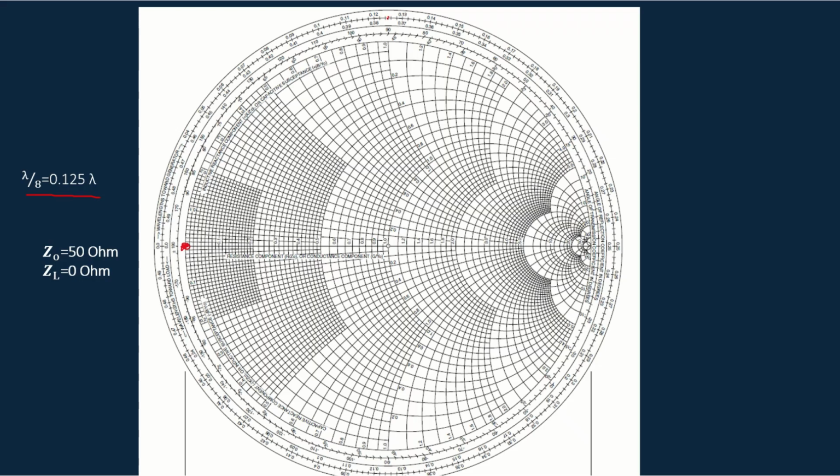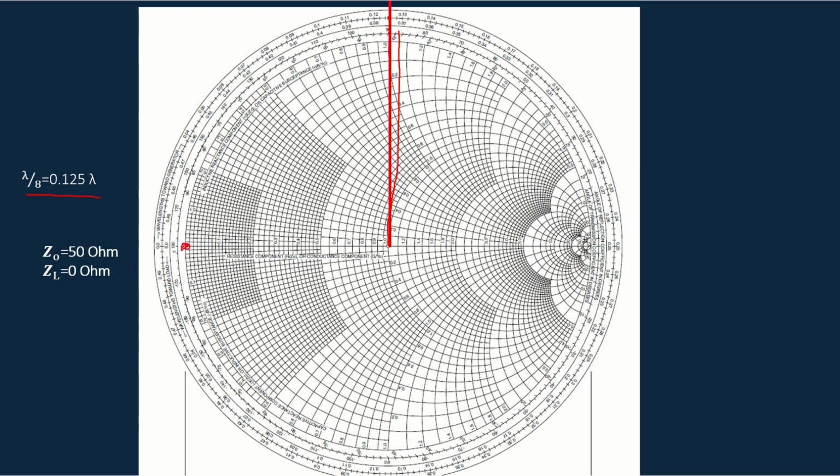So it will be the midpoint. What I have to do is mark a line from this point to this point. I draw a straight line, and this is intersecting at this point.